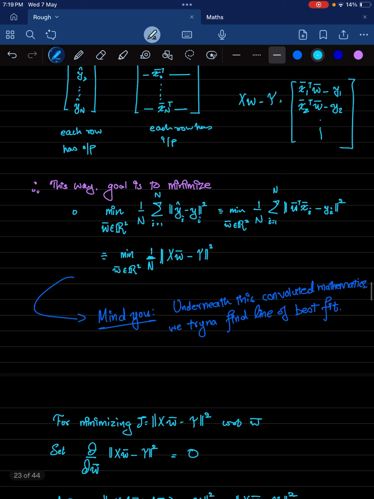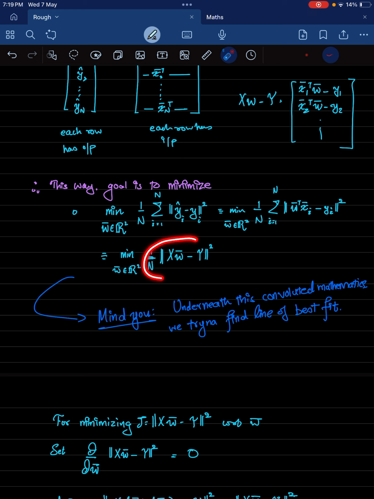So look at this. The ith term in the summation is the ith component of Xw minus y, and we are squaring them and summing it up. So basically that turns out to be the norm of Xw minus y, and by norm I mean the length of this vector.